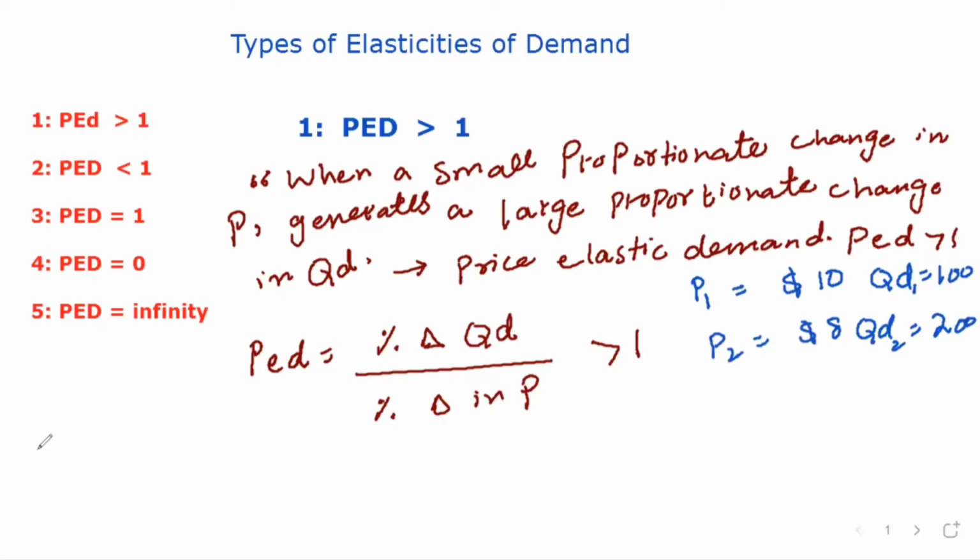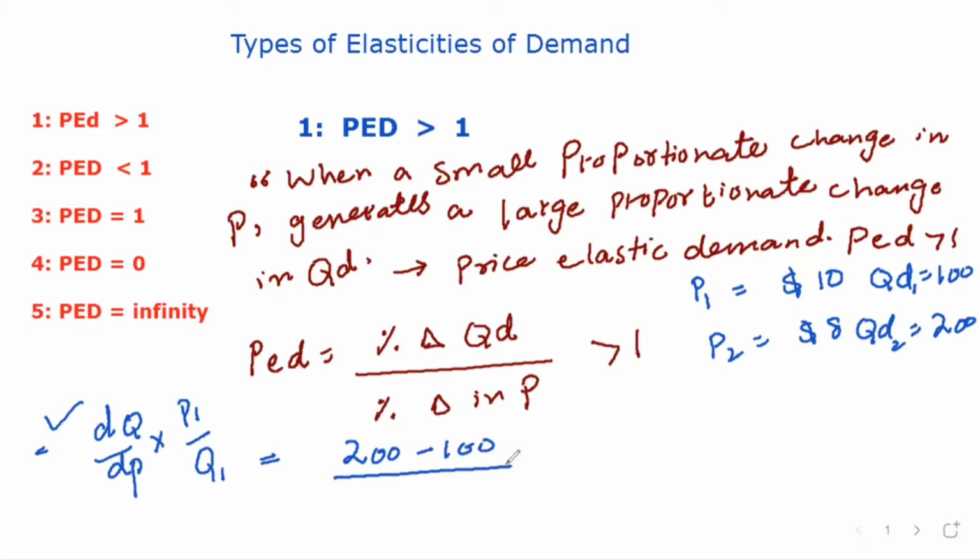So let's have another formula. Delta Q over delta P into P1 over Q1. So we can use these two formulas. Here, according to the data given, we can use this one formula. So let's write 200 minus 100.